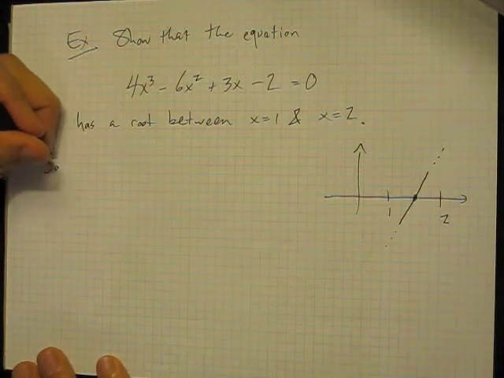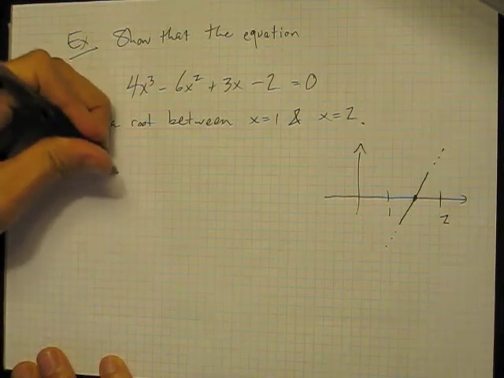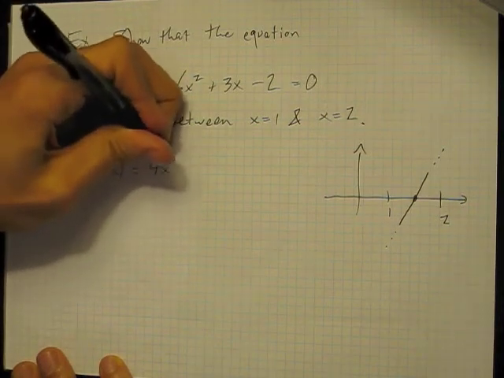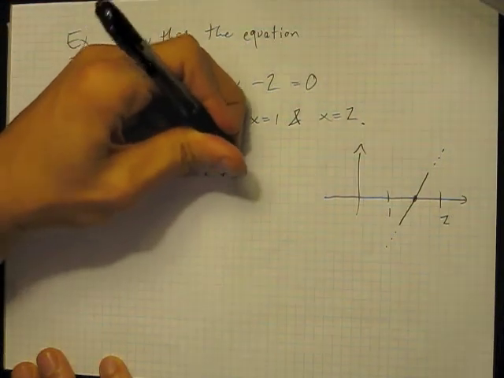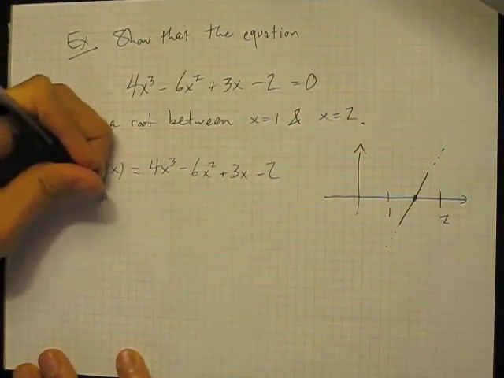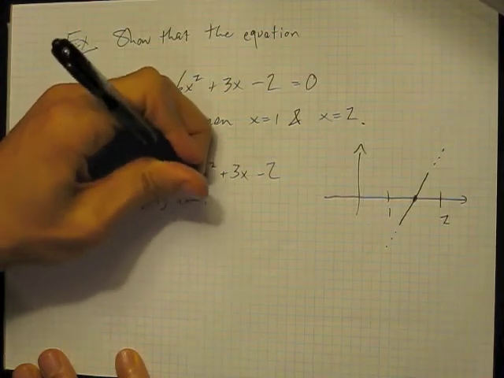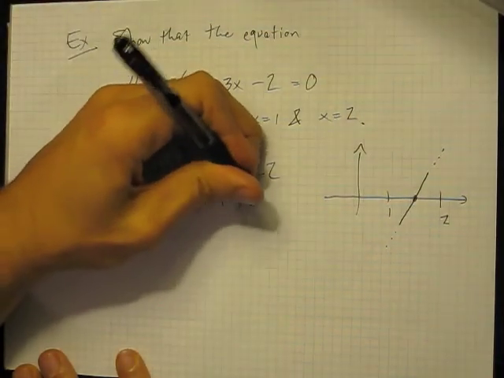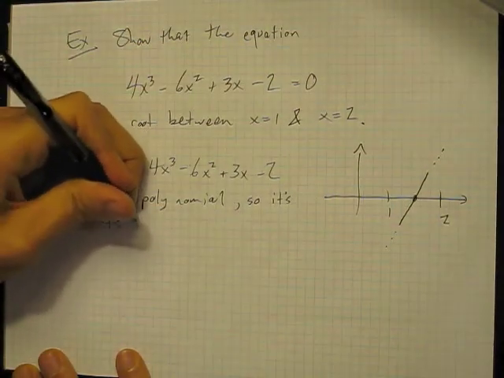Okay, so here's the solution to this. It's quite simple. This function, we'll give it a name, f, 4x cubed minus 6x squared plus 3x minus 2, is a polynomial, so it's continuous everywhere.